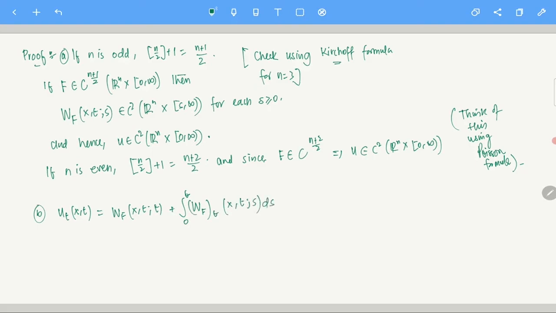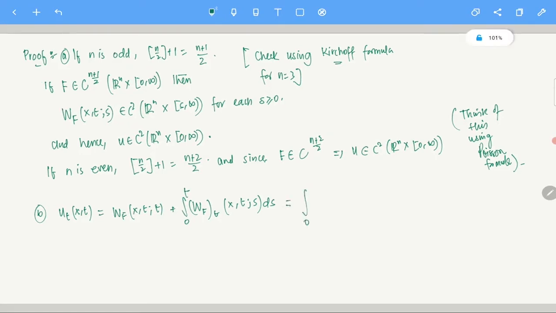Do you think this is true? Of course, I am just doing differentiation under the integral sign. So this is the boundary term, and this is the integral from 0 to t of w_f with respect to t at (x,t;s) ds.